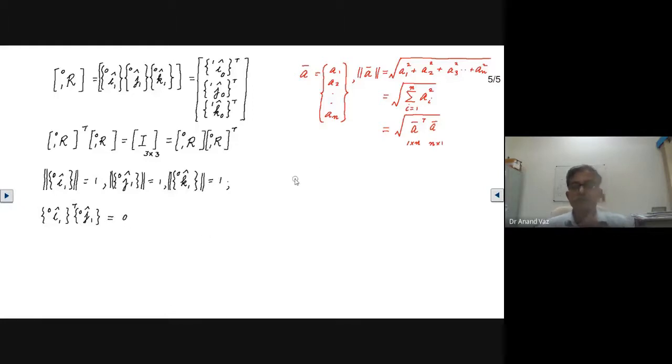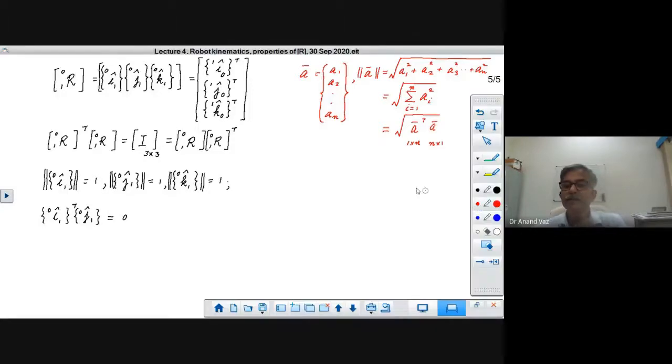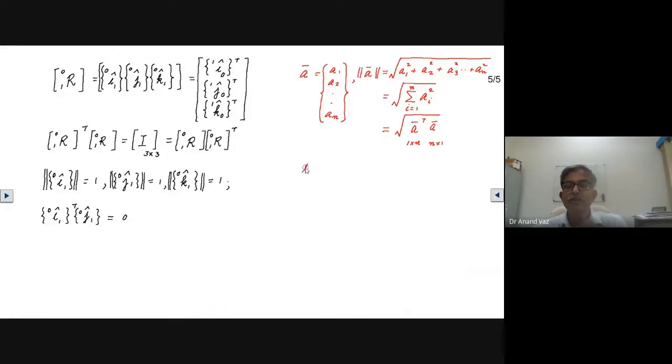Now, suppose we have another vector here, just like A. Suppose we also have B, and say B is also equal to B1, B2, and so on up to Bn.